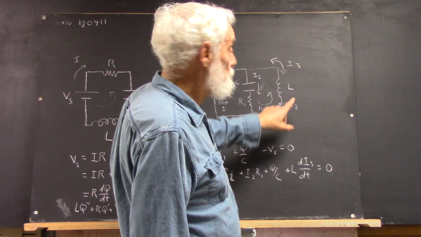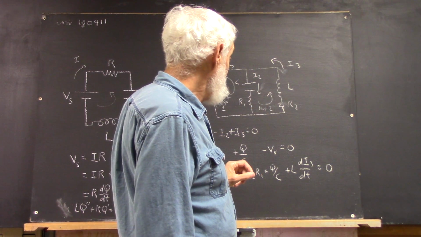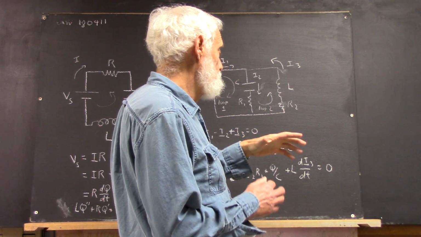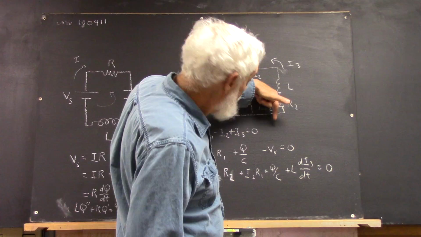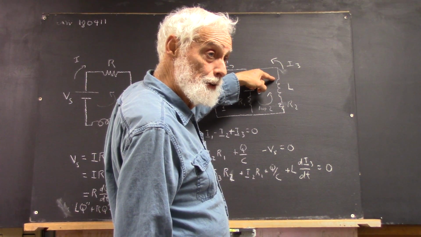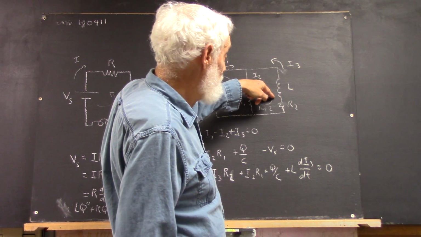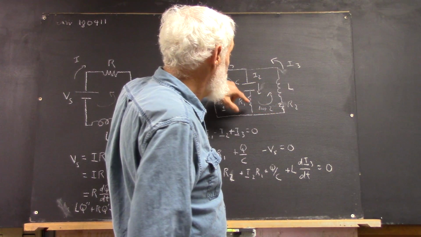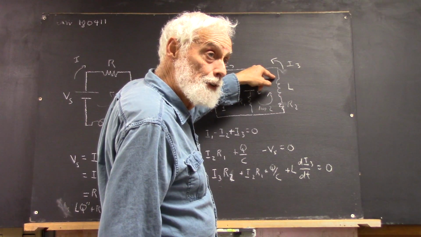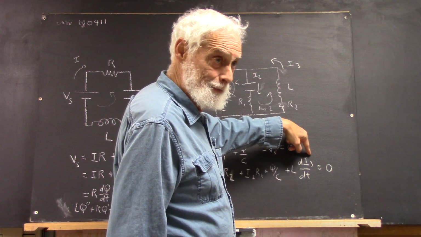If I3 is increasing, and I3 is in this direction, that means that your inductor will produce an EMF in the opposite direction, which means that this will be positive, this will be negative, right? Because it's going to be pushing the current in this direction. So as you go across in this direction, you're going from positive to negative, right? So your voltage drop is positive.